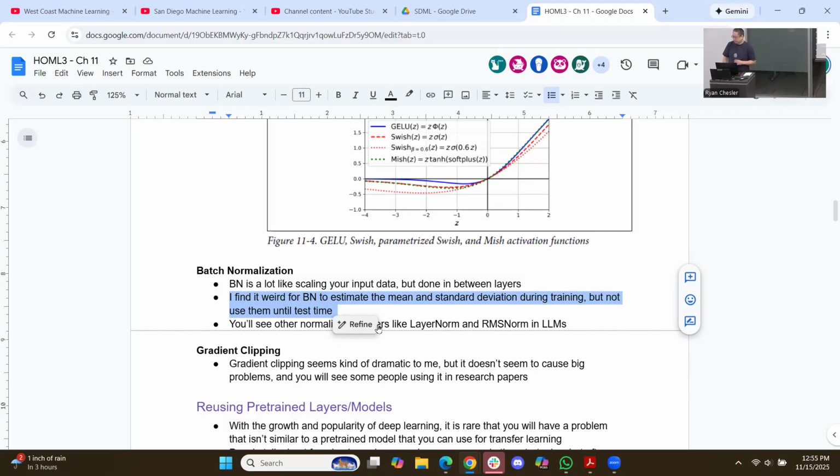I just looked at the PyTorch documentation because I wasn't sure either. I hadn't really looked at that detail before. The way that it works is during training, it's looking at the individual batch mean and standard deviation, and then it's accumulating that in a running mean and running standard deviation that's only used at inference.